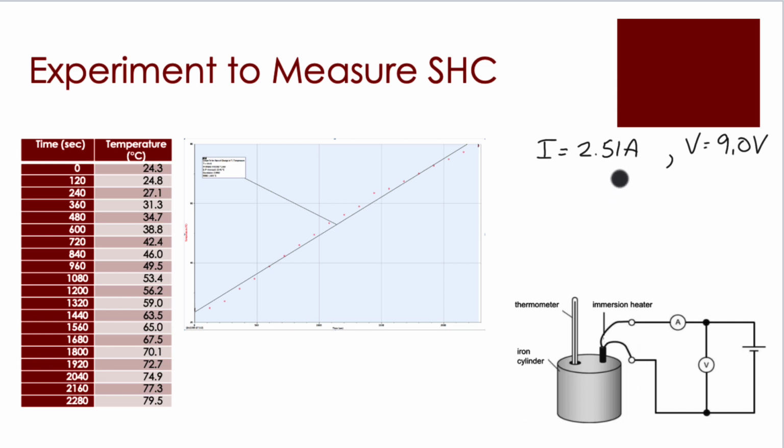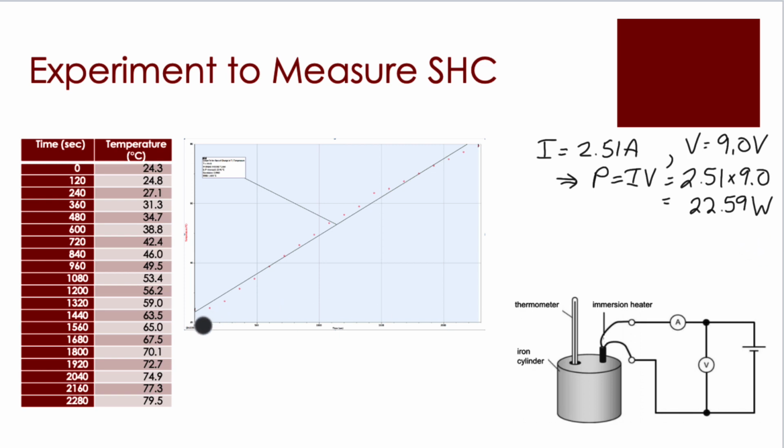So what does that allow me to do? It allows me to calculate the power that I put into the immersion heater. So power is current times voltage. And if I pick up my calculator, I'm going to get 22.59. I'm going to keep all the extra decimal places for now, and I'll round later.